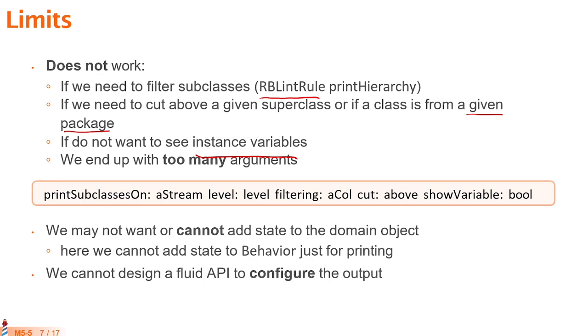These are some little examples of possible configurations that we want to apply to our hierarchy printer. But if we want to do it, we have to add more and more arguments to our print method. Those arguments also have to be passed to printSubclassesOn:, which does the procedure for the subclasses. As we see, we can have an explosion of new arguments to add. Also, we cannot add this state as instance variables because the implementation of this printer is directly in Behavior.